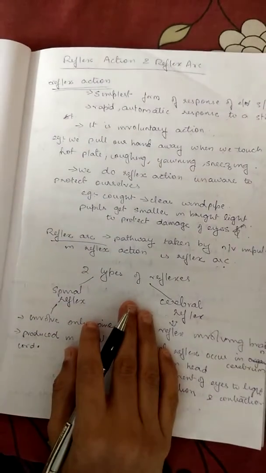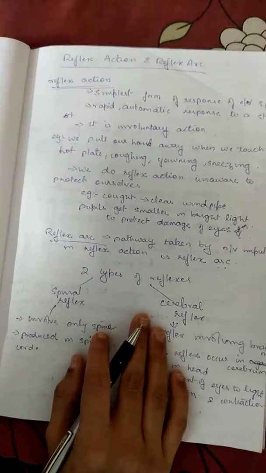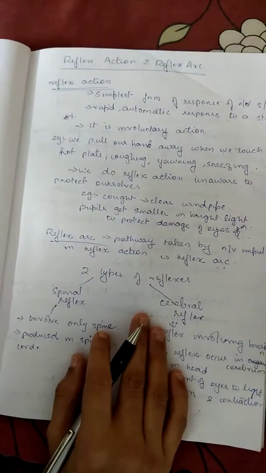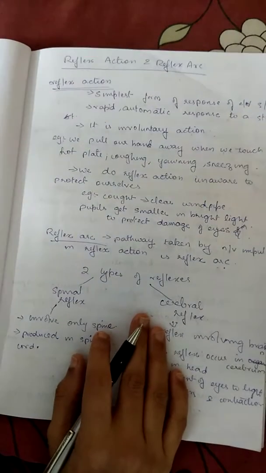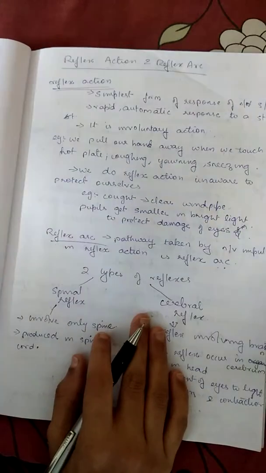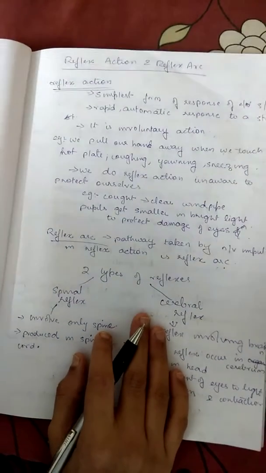But in some very critical situations, the brain may not get time to analyze the situation because they might be life threatening. Say, for example, you are touching some hot object. The response has to be generated immediately, before the brain can analyze.